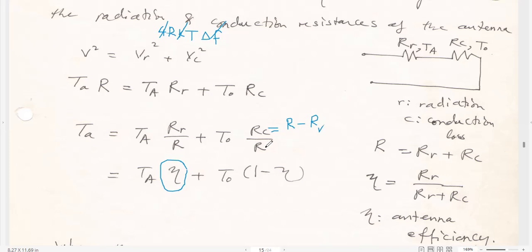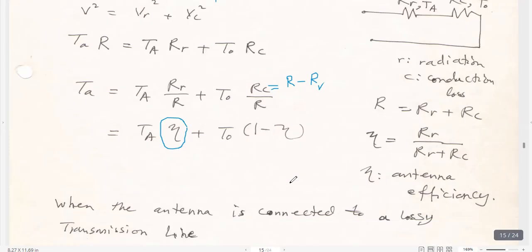Total R over total R is 1, and R radiation over R is eta. So this is 1 minus eta. So T antenna is related to the efficiency of the antenna, and T naught, the temperature of the conduction loss, is related to the remaining part, 1 minus eta, the losses, as you can see.